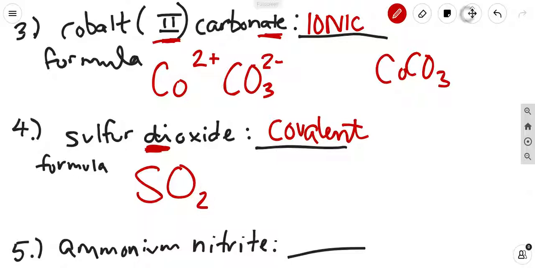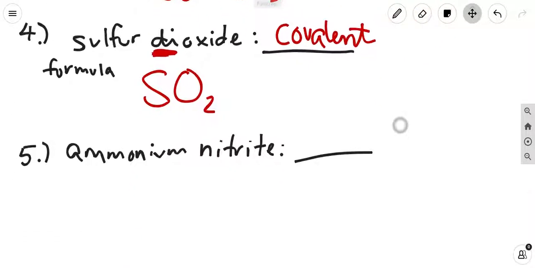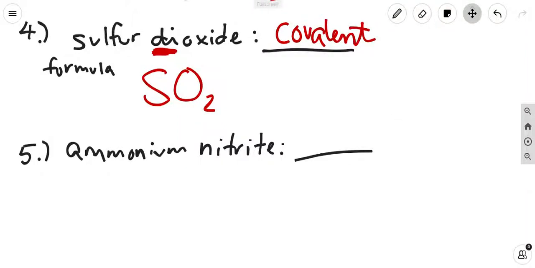There you go. All right, this one down here, number 5, we have ammonium nitrite. Well, some of you might have been hunting for ammonium on the periodic table. Remember, that is the only positive polyatomic. It's a cation. And right here, here's your other clue, ite.